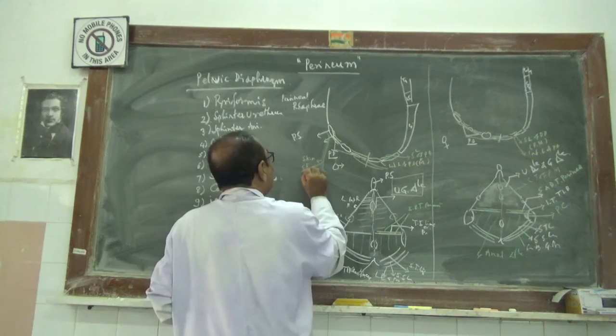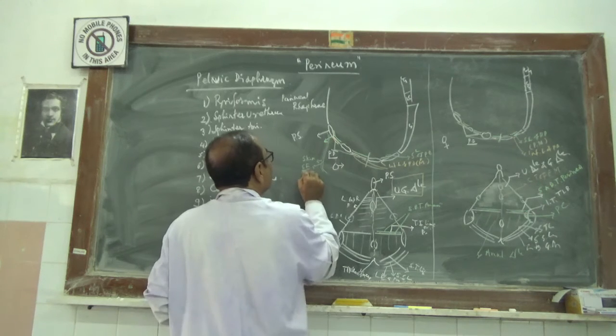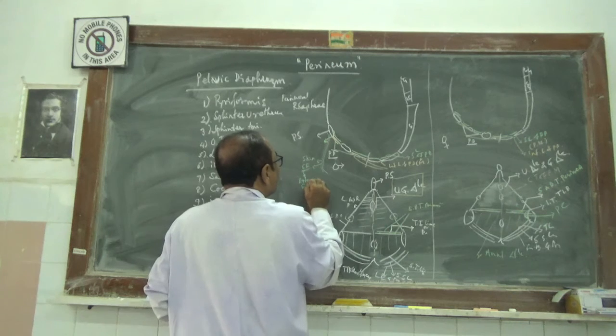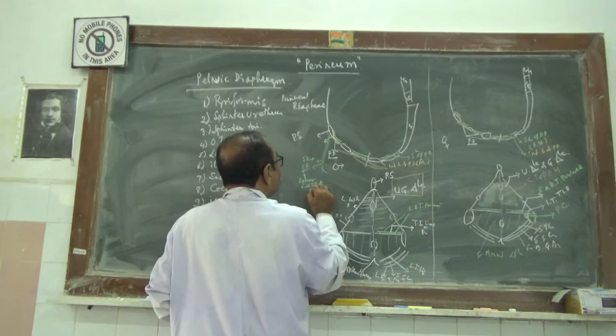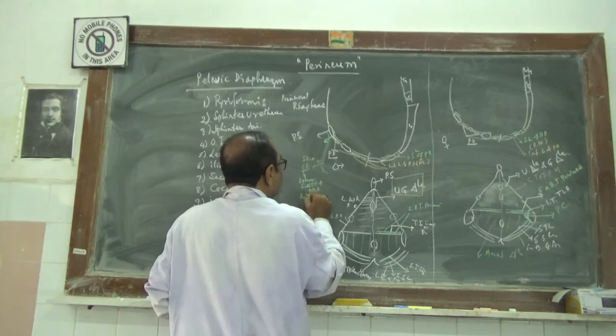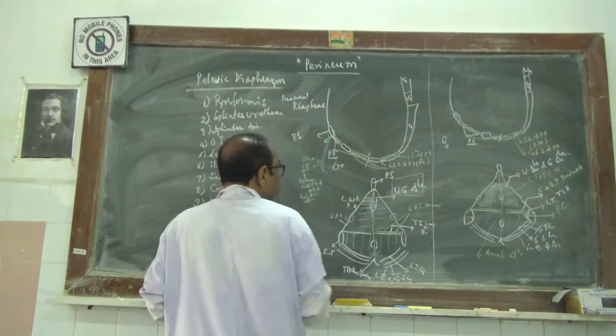The superficial fascia is the extension of the fatty layer of the superficial fascia of the abdomen in the anterior median plane after crossing the pubic symphysis.